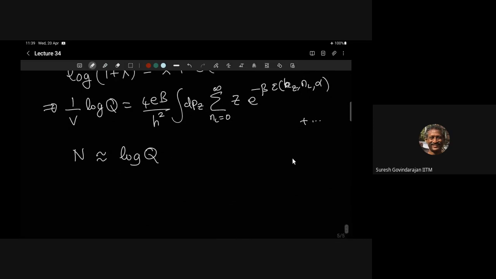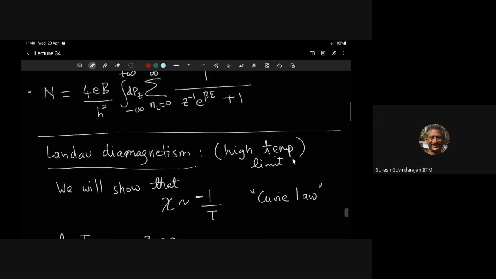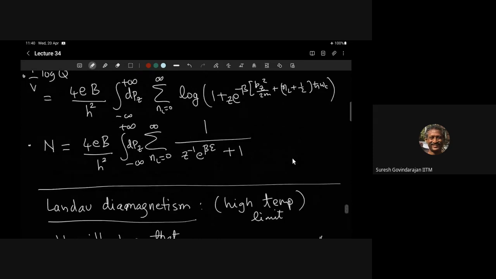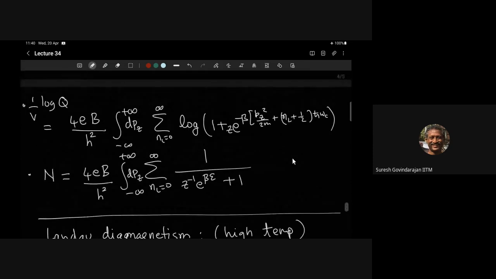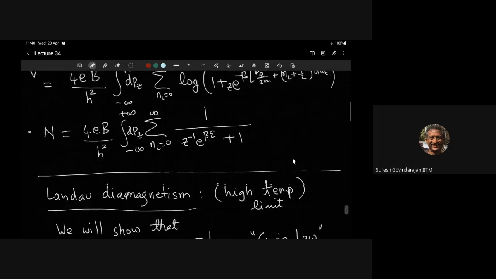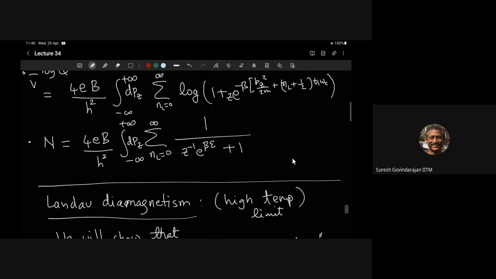Are there any questions or comments? No. Log Q goes as V, so this is 1 by V. Sorry, yes, you're right, because I messed up here.